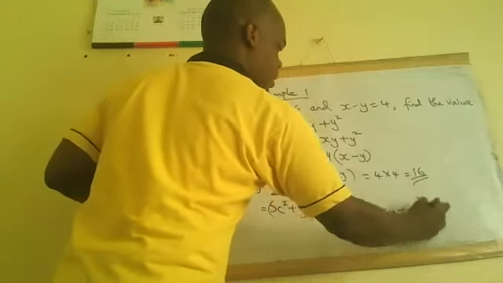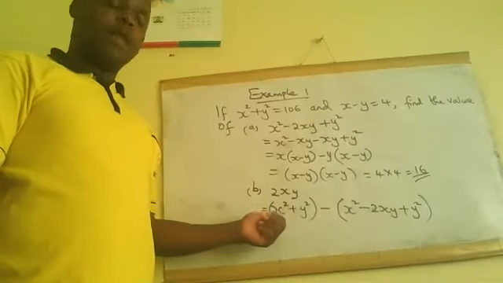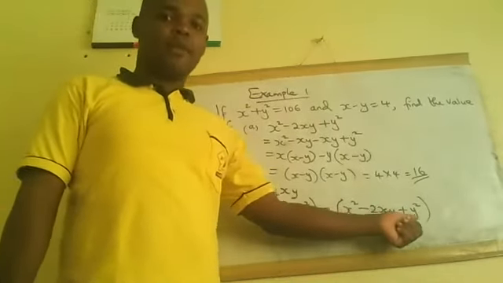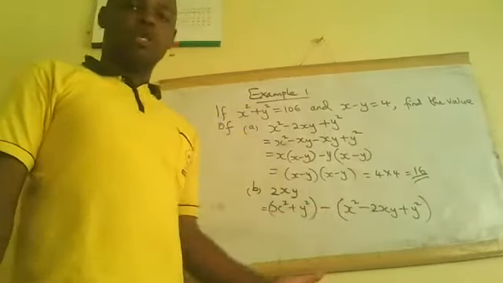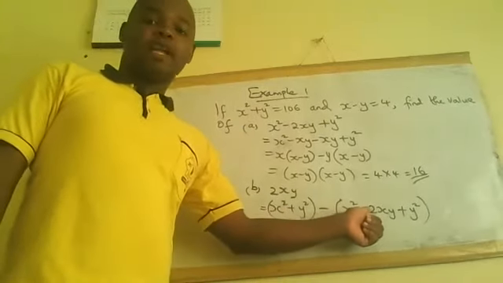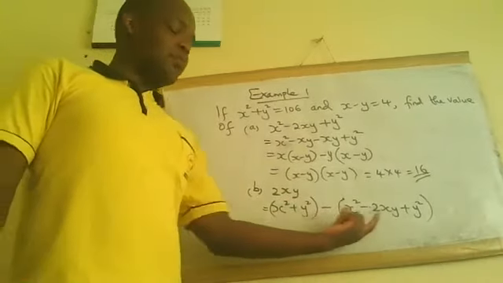Why am I saying this? Remember, x squared plus y squared, it's still here, x squared plus y squared. So if I subtract the two, it is 0. But then if I put minus and then I open the bracket, then it will be 2xy. That's what I'm saying. 2xy is the same as this minus this.